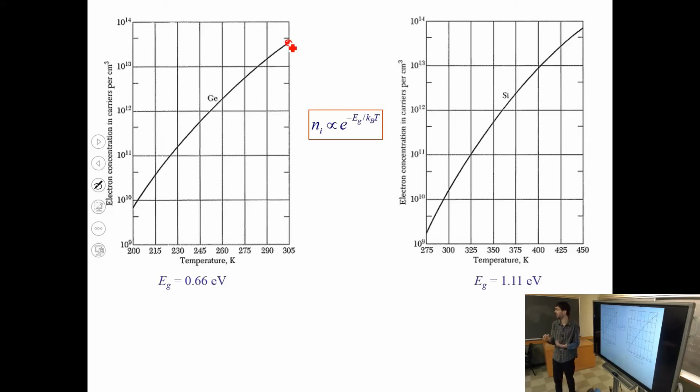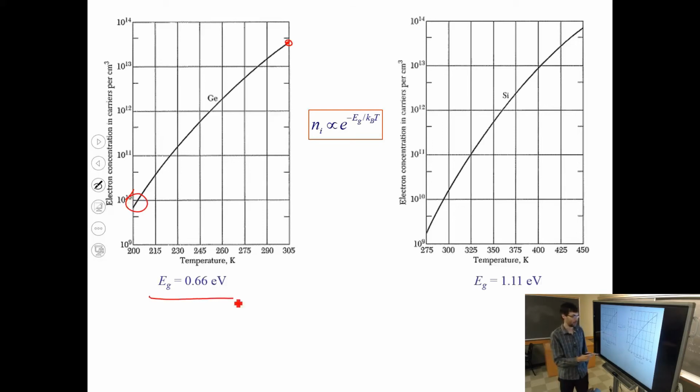This is the intrinsic carrier concentration, which you obtained by thermally activating across the band gap. So it's some kind of a number proportional to this exponential. And now this is a log plot. So it goes exponentially down with temperature, and at about 200 Kelvin, it reaches 10 to the 10. Now, the band gap of germanium is 0.66.